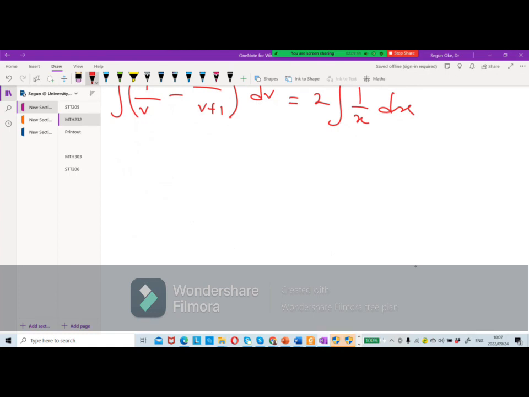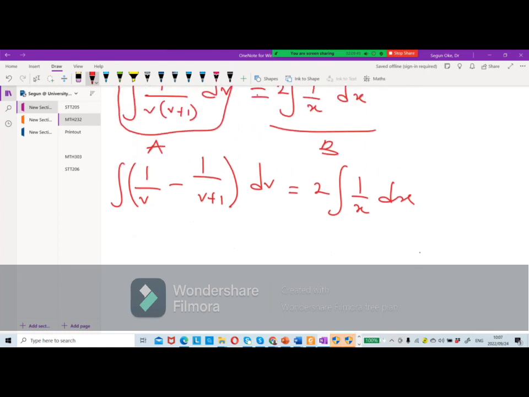So I can go ahead and solve this one after the other, using my integration skill by saying integral of 1 all over v dv minus integral of 1 all over v plus 1 dv.